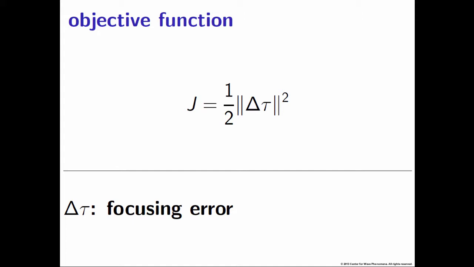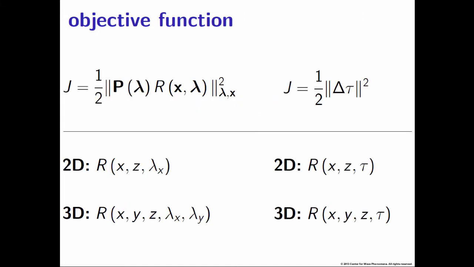So, after we define the objective function, we can see why our method is much more efficient than the DSO. On the top of the slides, I show you both the objective function for DSO and our method.